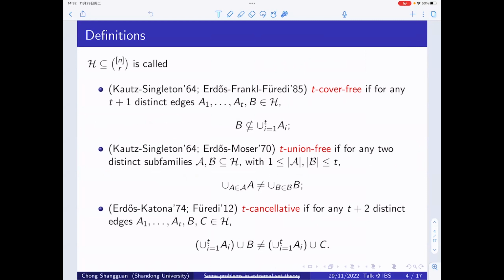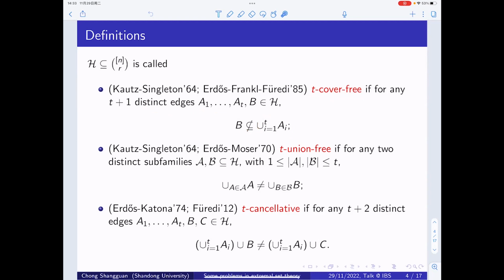First of all, an r-graph H is called t-cover-free if the union of any t edges does not contain any other edge that is not in this union. Or more precisely, H is t-cover-free if for any t plus 1 distinct edges A1, ..., At and B of H, we have that B is not contained in the union of the Ai's.